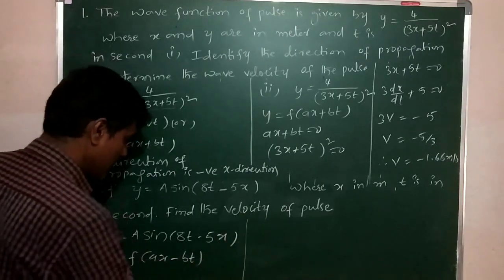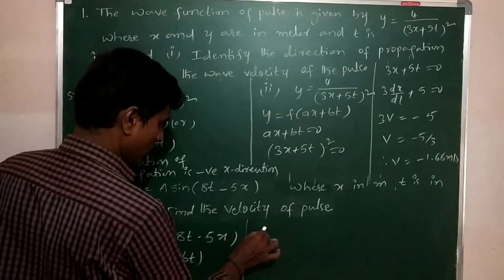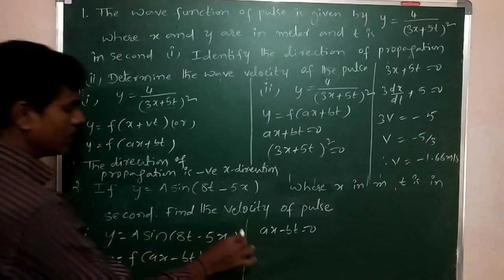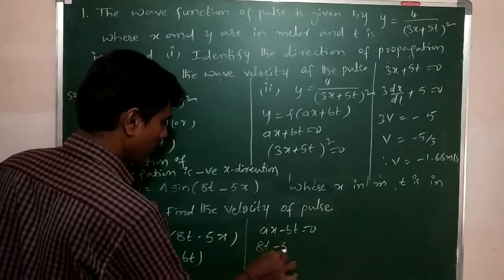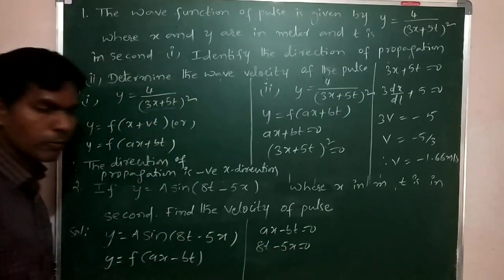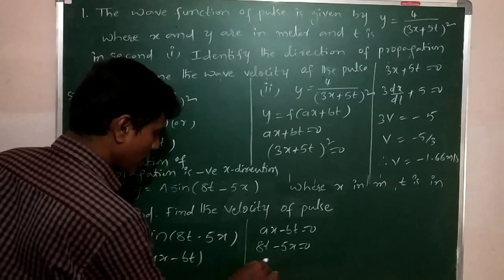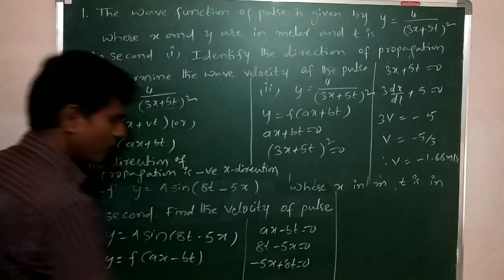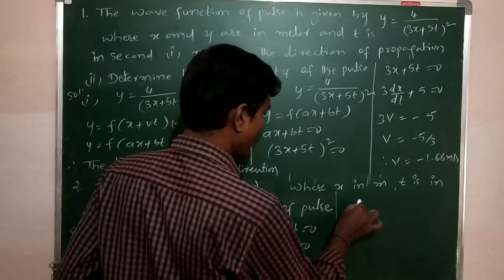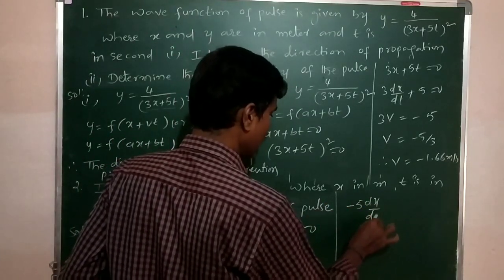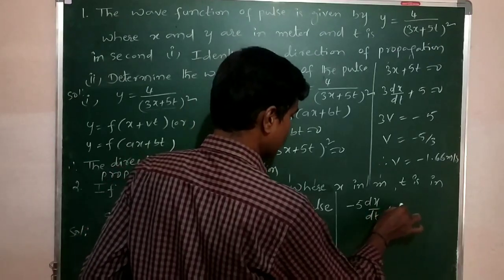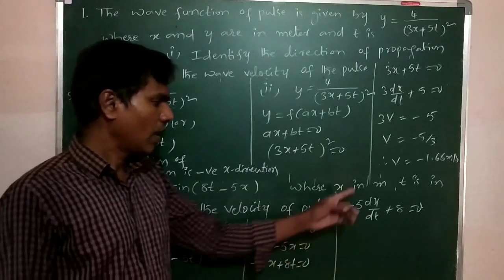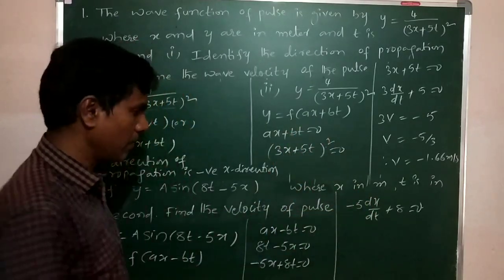When the phase is constant, 8t minus 5x equals 0, that is, minus 5x plus 8t equals 0. Differentiating x with respect to time: minus 5 dx by dt plus 8 equals 0.